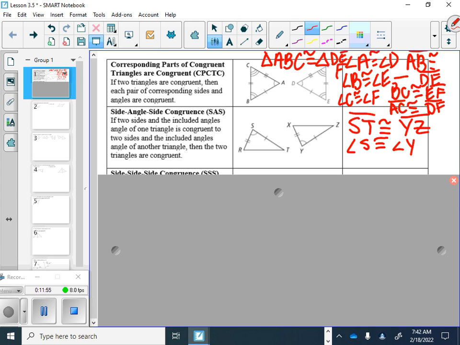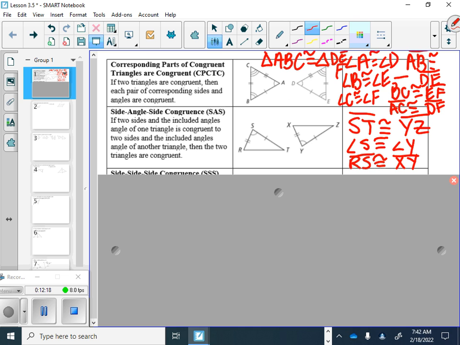And then, let's see. Side RS is congruent to what side? XY. Good. So I started with the non-angle, and I went to the angle. So I got to do the same thing here. XY. Okay.